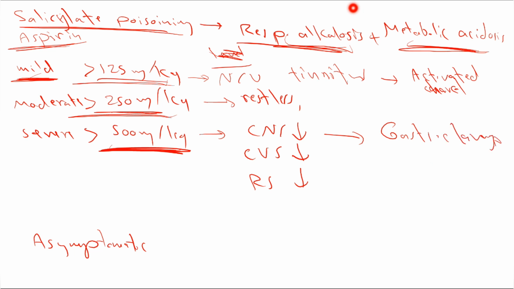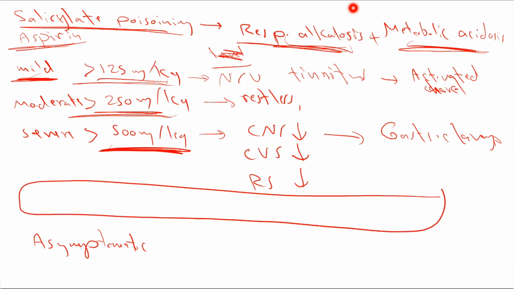What is the antidote? The antidote for salicylate poisoning is sodium bicarbonate, although it's usually used to do urinary alkalinization. The aim of urinary alkalinization is a pH of more than 7.5.